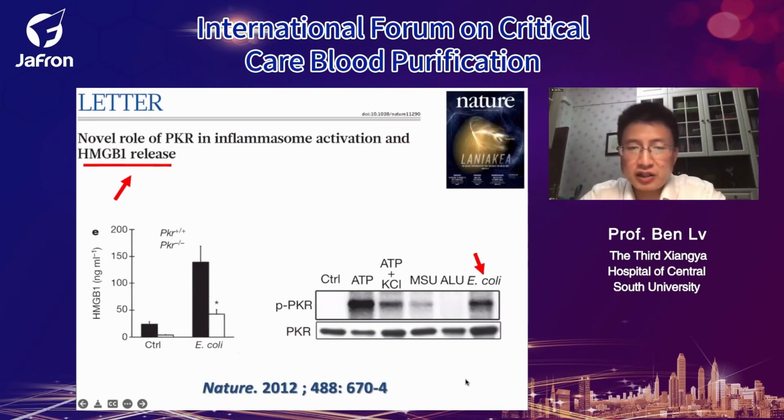Back in 2012, my dear mentor Kevin and I published a paper in which we found that a protein, PKR, can be activated by bacteria, especially E. coli, and this activation leads to the release of high mobility group box 1, HMGB1.